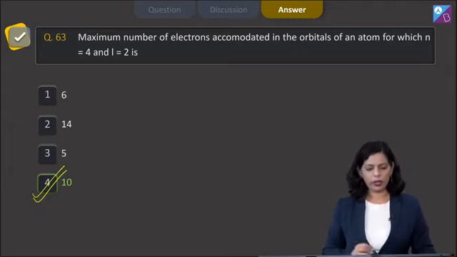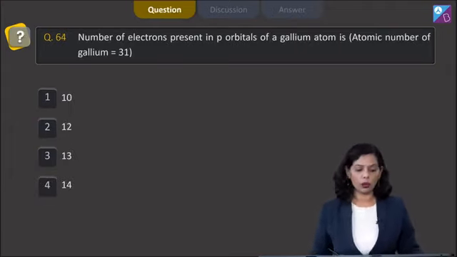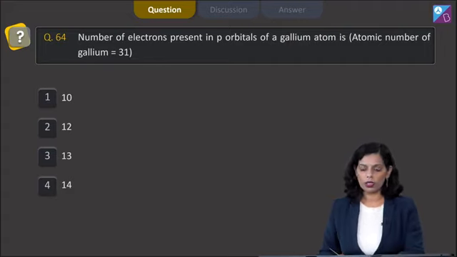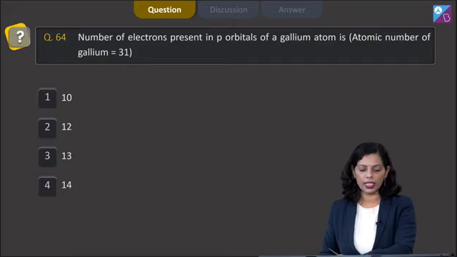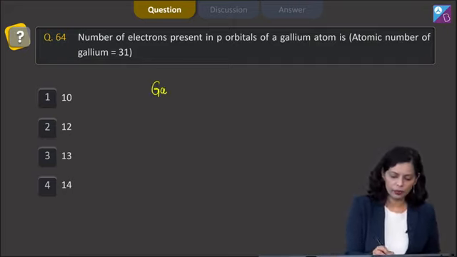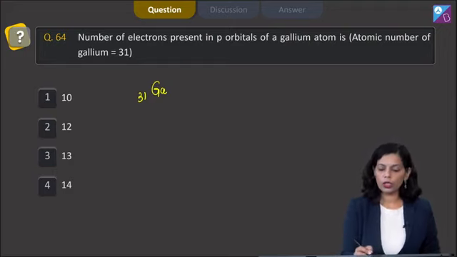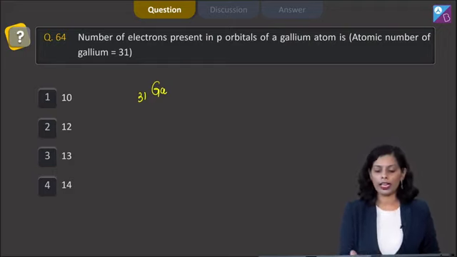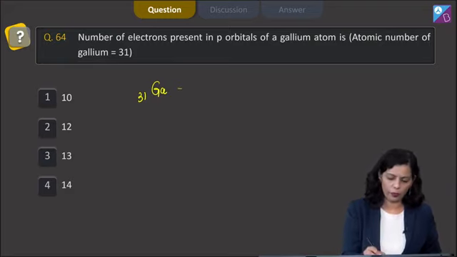Done? Okay. Now question number 64: number of electrons present in p orbitals of gallium atom is, right? Atomic number is given for the gallium, it is 31, and you need to just find out the total number of electrons present in p orbitals of the gallium atom.